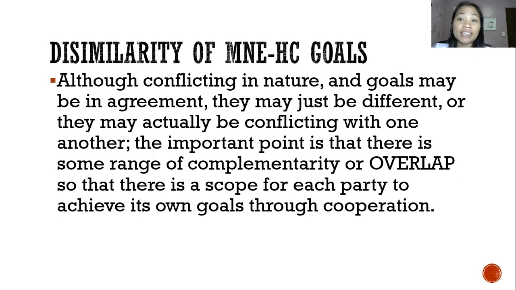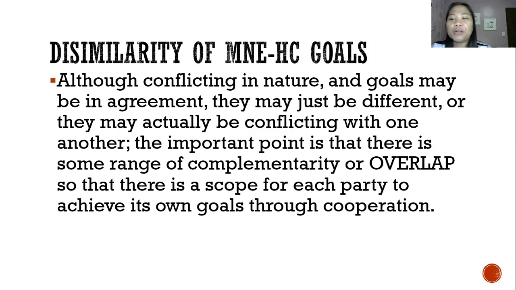Next, the similarity of the multinational enterprise and host country goals. What are their dissimilarities? Of course, in nature, the multinational enterprise and the host country are conflicting. And the goals may be so different, or they may actually be conflicting with one another.